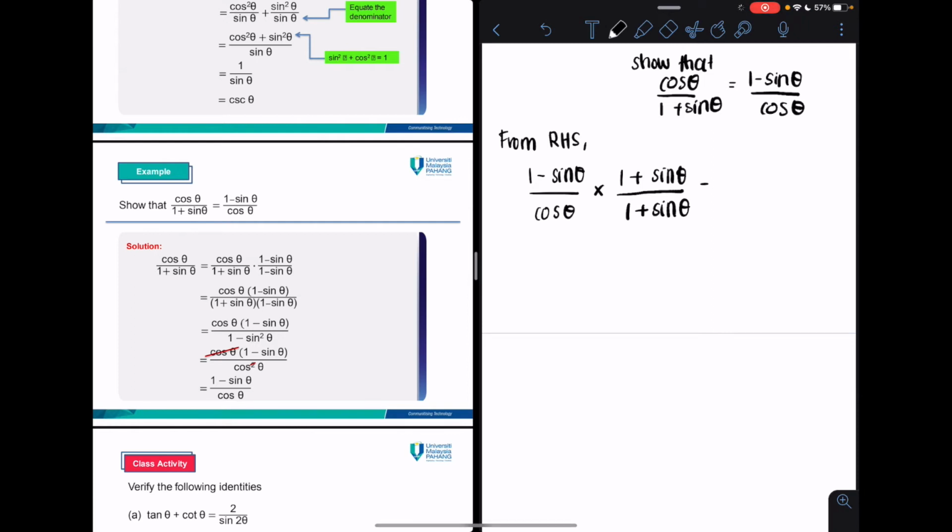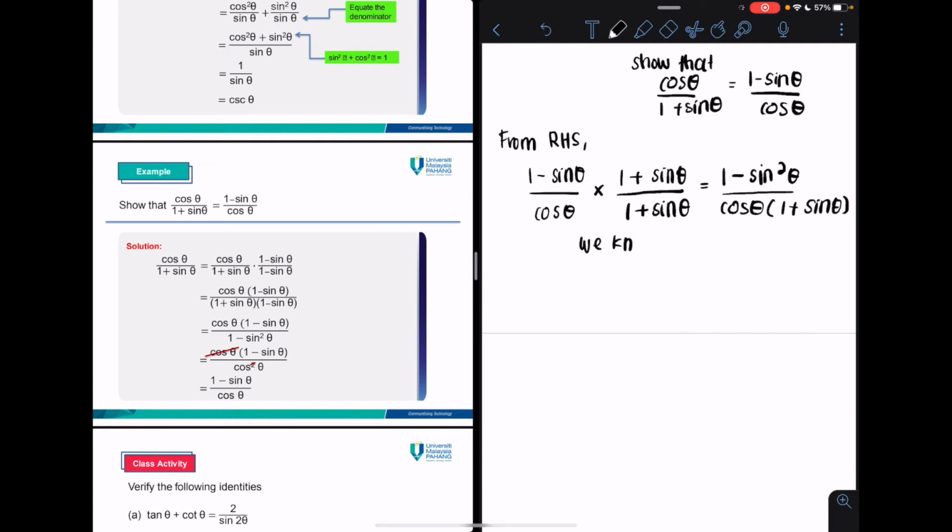And then I will get 1 minus sine squared theta divided by cosine theta times 1 plus sine theta. So let us recall one of the trigonometric identities.